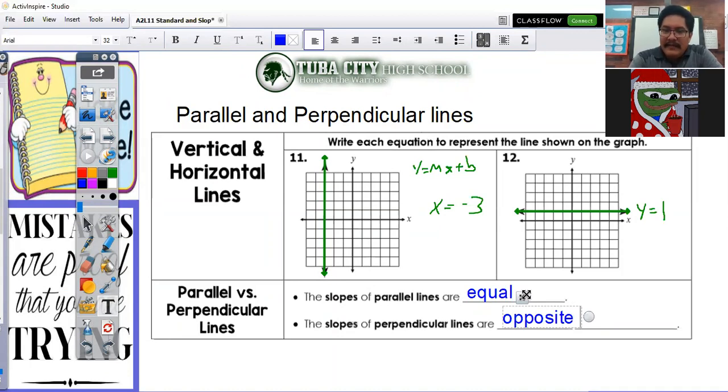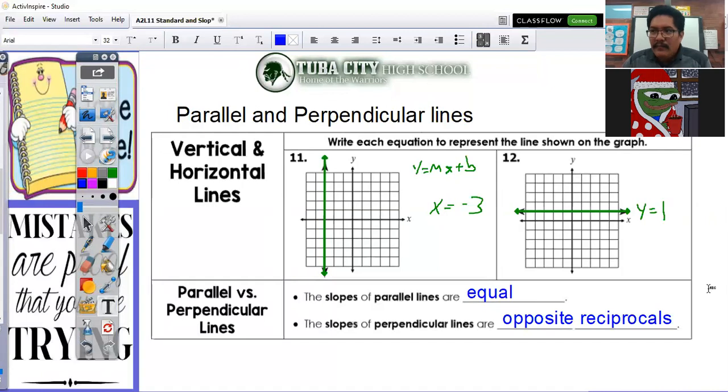A perpendicular line is one where you have a 90-degree intersection. In order to be perpendicular, the slopes have to be opposite. If one is negative, the other has to be positive. If the first is positive, the other has to be negative. They are opposites and reciprocals. They have to be both of those things. And reciprocal in this case means flipping the number as a fraction.